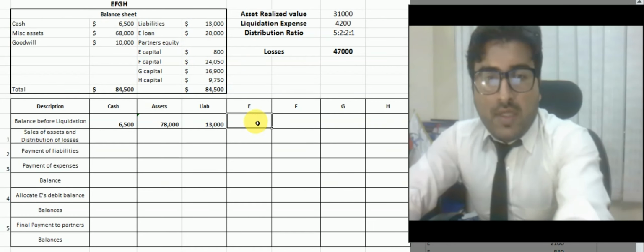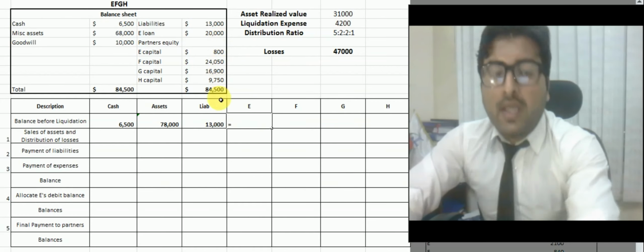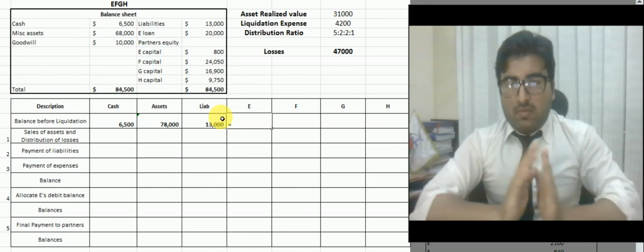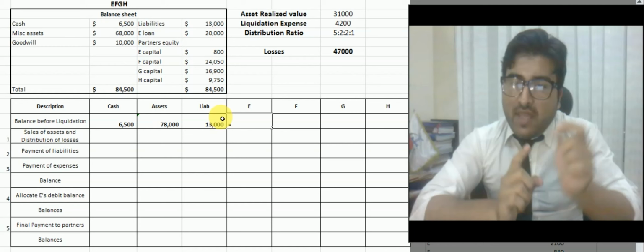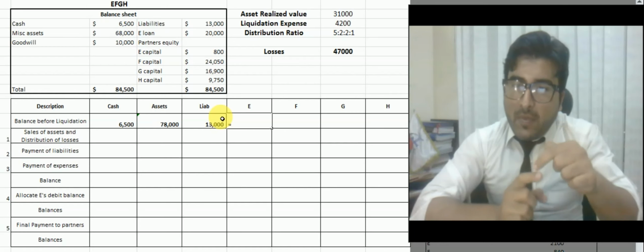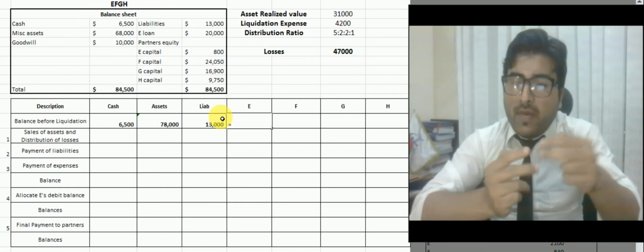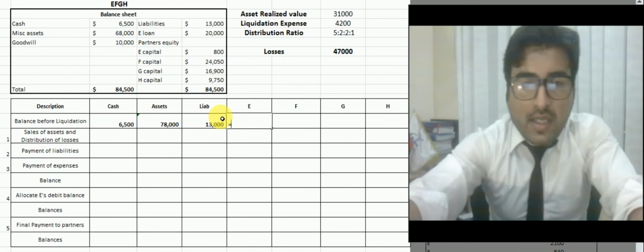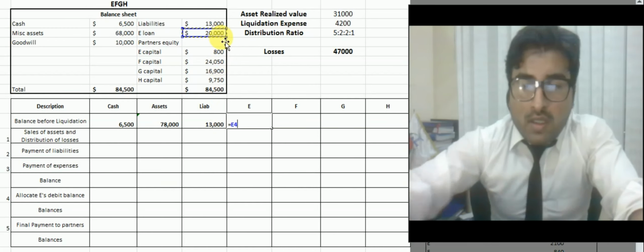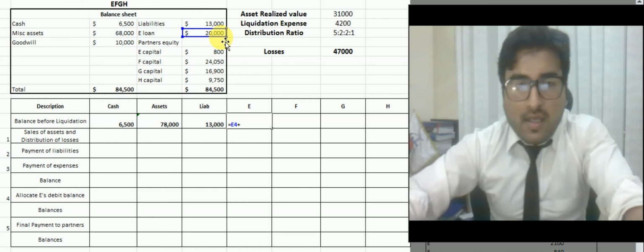Then we have E loan. Keep in mind, it is very easy. When the partner has a loan and also a capital, the loan and the capital are added together, so we add them together here. Equal sign, here we have E loan plus E capital.